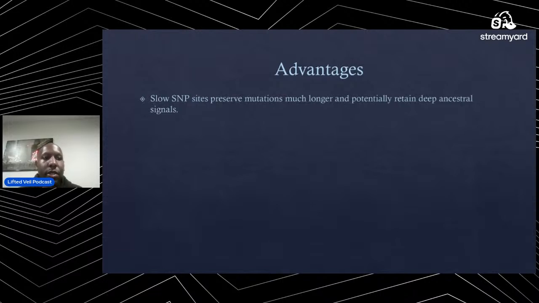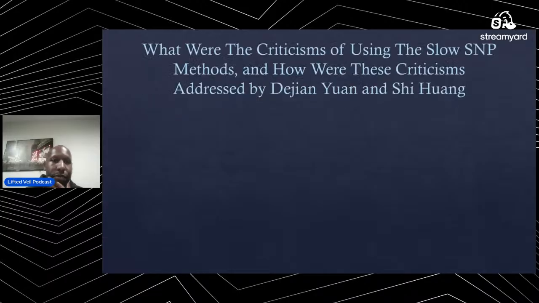Advantages: slow SNP sites preserve mutations much longer and potentially retain deep ancestral signals. What were the criticisms of using the slow SNP methods, and how were these criticisms addressed by Dejian, Yuan, and Huang?